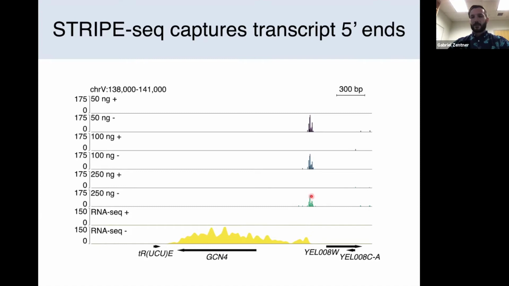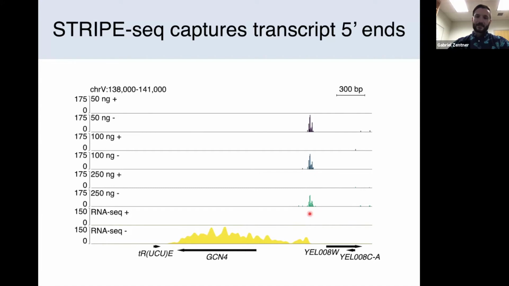And what we see is STRIPE-seq signal, with each position representing the 5' end of a read, about 500 to 600 bases upstream of the annotated start codon of GCN4. And consistent with transcription actually initiating this far upstream of GCN4, we do see RNA-seq signal from just downstream of this TSR, this transcription start region, all the way through the end of GCN4.